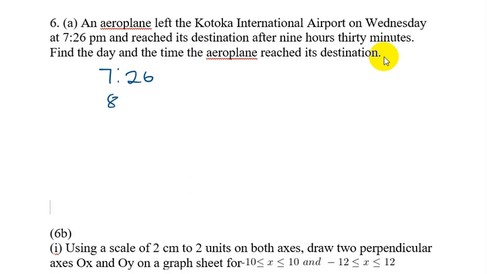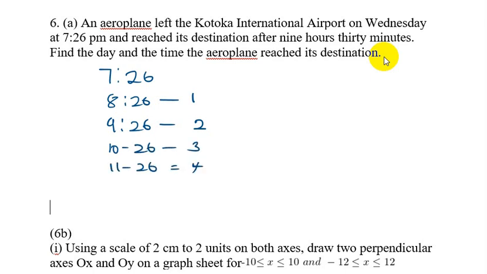So 8:26 will be 1 hour, right? 9:26 will be 2 hours. 10:26 will be 3. 11:26 will be 4. 12:26 will be 5. 1:26 will be 6 hours. 2:26 will be 7 hours. 3:26 will be 8 hours.